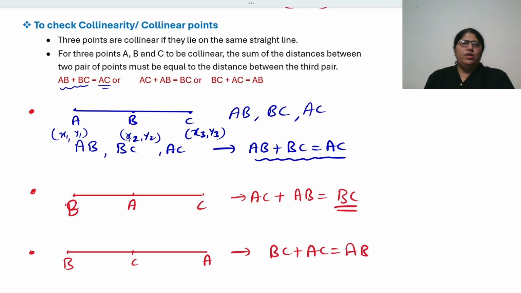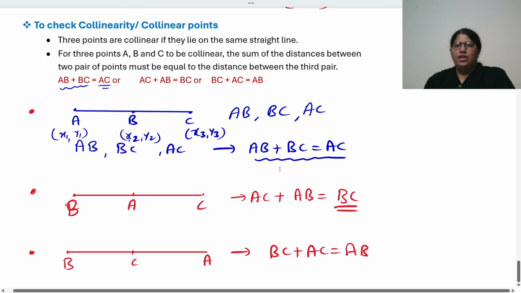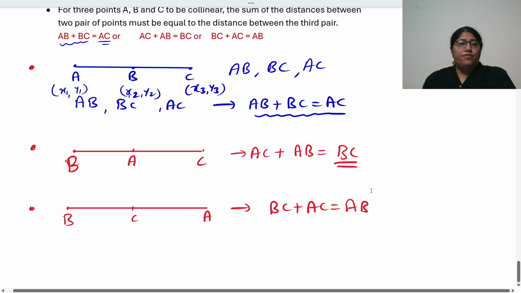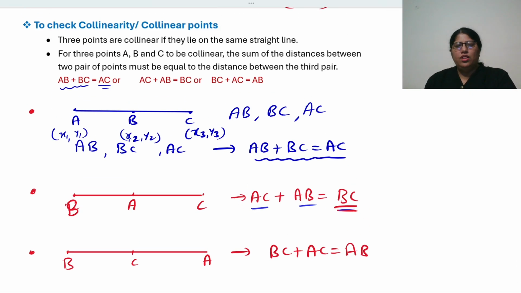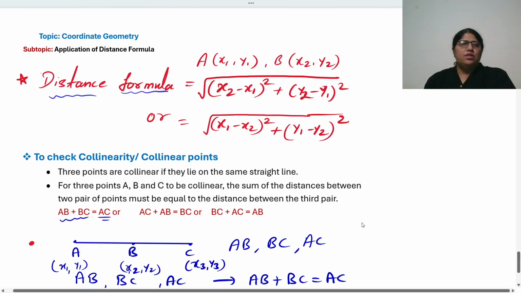So what you need to do in these kinds of questions is find the lengths of AB, BC, and AC, and take the sum of any two of these lengths. If it is equal to the third length, that means the 3 points are collinear. This is your first case where you use the distance formula, because you are using all the lengths. That's why you have to use the distance formula.